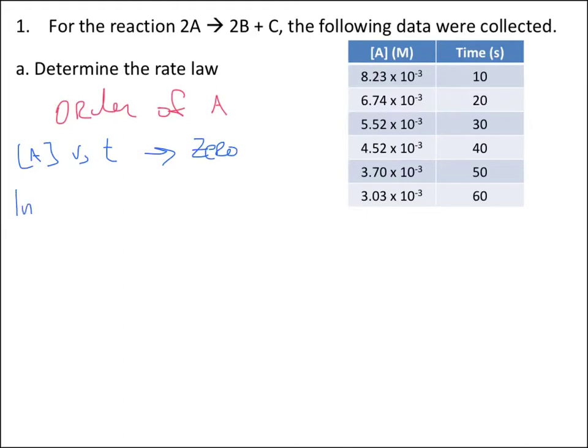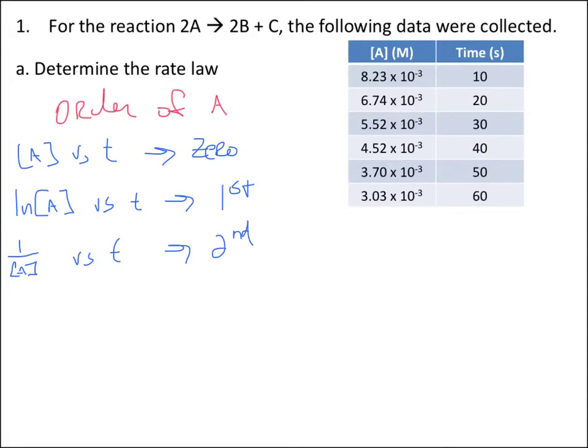If the natural log of the concentration of A versus time is a straight line, it's first order. And if 1 over the concentration of A versus time is a straight line, it's second order. So I've got to graph this.